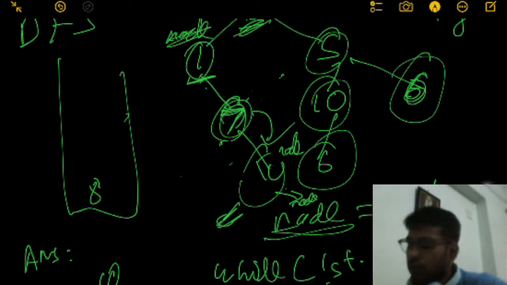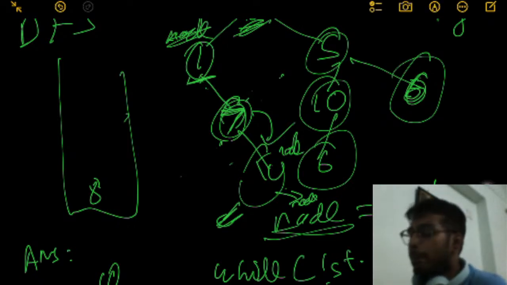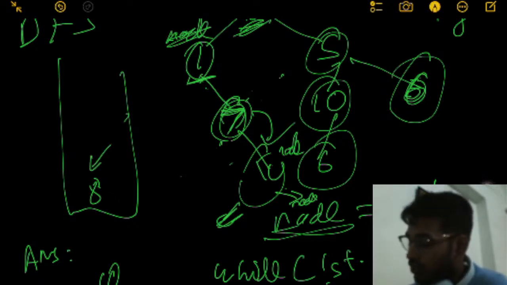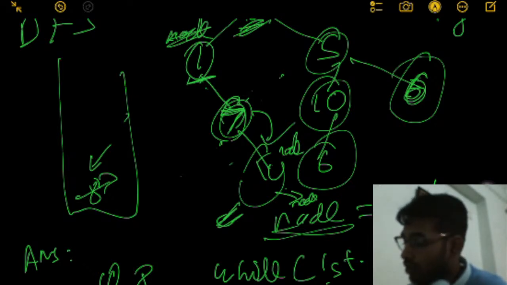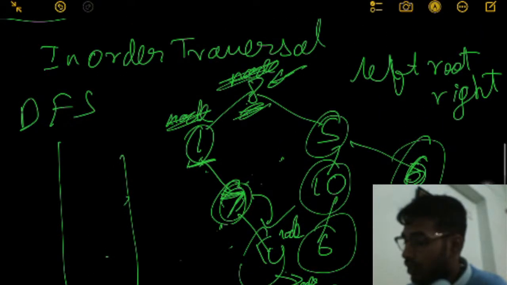So now that node is equal to null, we take this node again, and we pop it, and we add it to the answer list. And now what happens is we add the right.